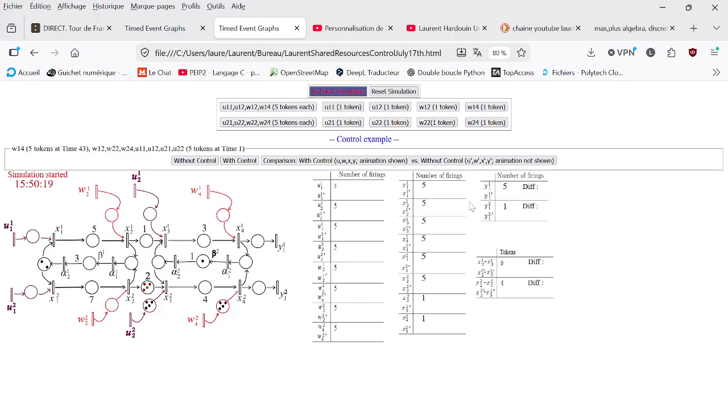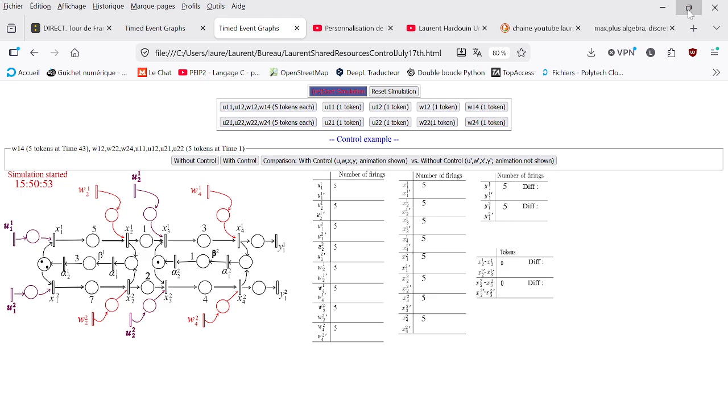So in this case, we represent here the firing of first the 5 token for the higher priority and the output for the lower priority here with 2, 3, 4, and the last is here, and it will occur 4 seconds later, 5. Okay, then you fire first the higher priority and then you fire the lower priorities when you don't have control.